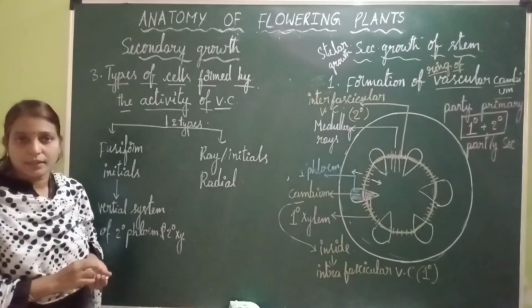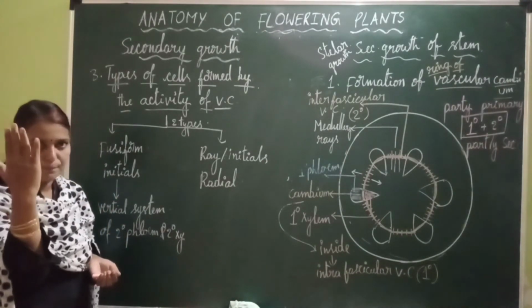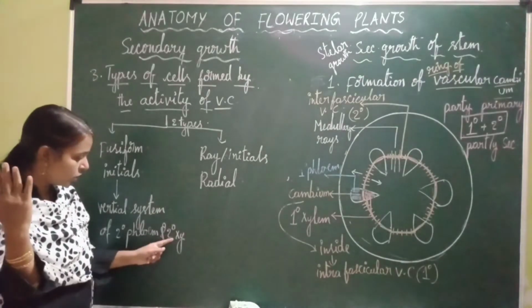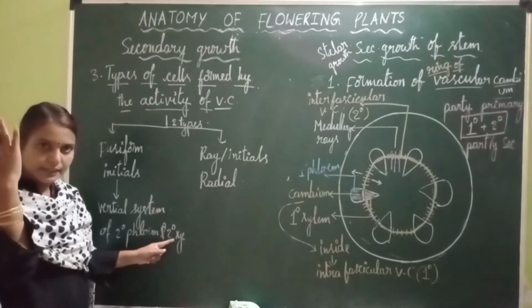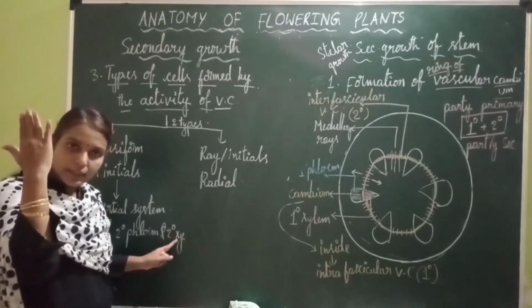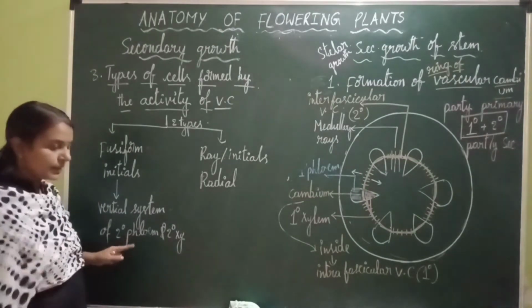The part of the secondary phloem and secondary xylem which is present vertically inside the stem is called the vertical system, right? Secondary xylem is involved in the conduction of water and minerals vertically, whereas secondary phloem is involved in the conduction of food materials vertically, right?